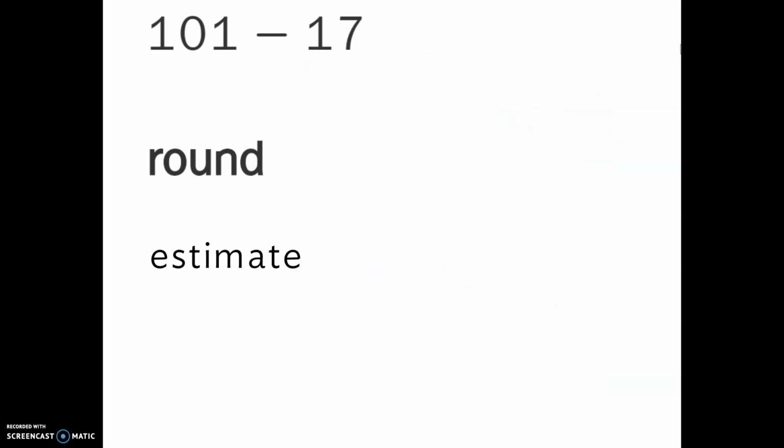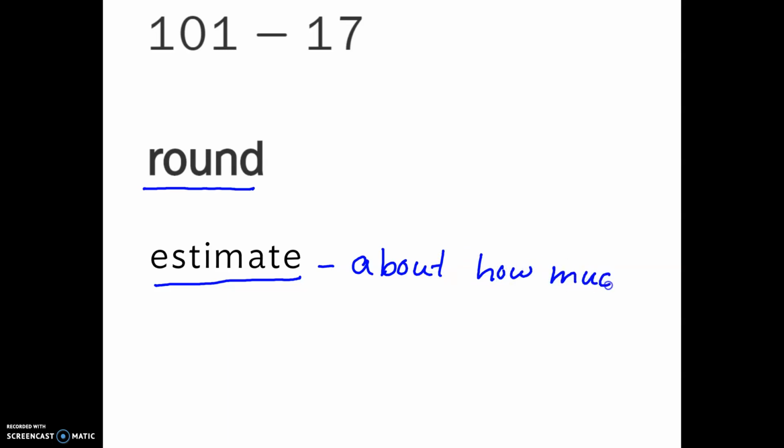And moving on. We are also in this lesson going to talk about the words rounding and estimate. Okay? So an estimate is when you're asked to give me about how much. I don't want an actual answer. I don't want the exact answer.